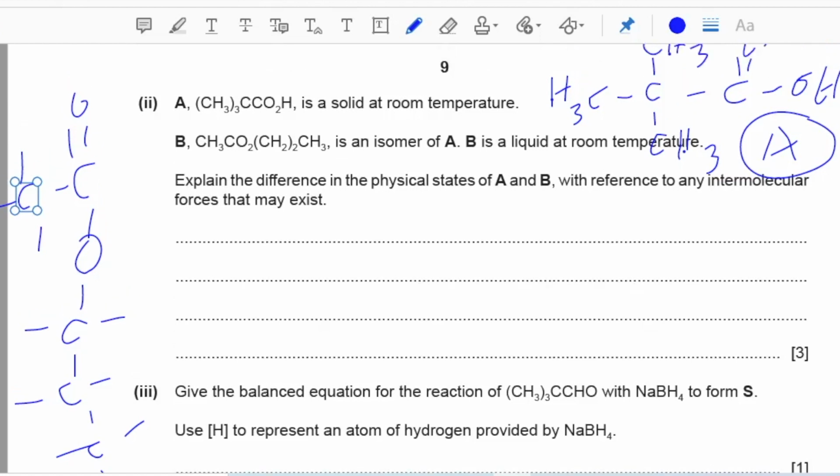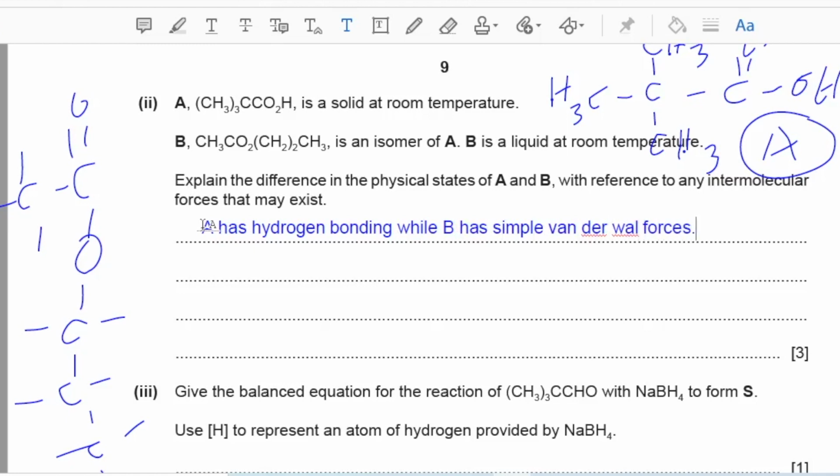They're saying in terms of their intermolecular forces, you need to explain the difference in their physical states. So I see that A has got hydrogen bonding over here between O and H, while B has only got van der Waals forces between molecules. So I'll write A has hydrogen bonding, while B has simple van der Waals forces.